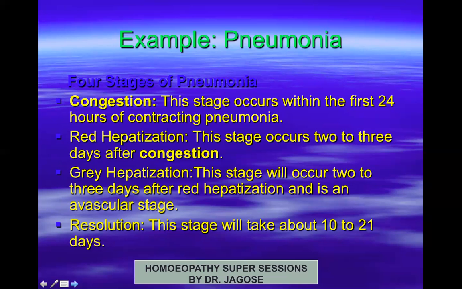Pneumonia consists of 4 stages: congestion, red hepatization, gray hepatization, and resolution. So you must know that the stage of congestion occurs within the first 24 hours of contracting pneumonia. Red hepatization occurs 2 to 3 days after the congestion stage. Gray hepatization will occur 2 to 3 days after the red hepatization, and resolution will take place between 10 to 21 days.